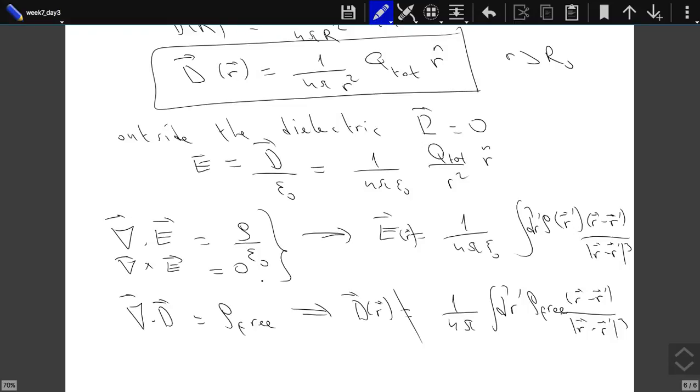But since we don't have this condition, in general the curl of D is not equal to 0, and D cannot be written in this form, because whatever you can write in this form has 0 curl. So if the curl of the displacement field is non-zero, then you cannot write it in that way.